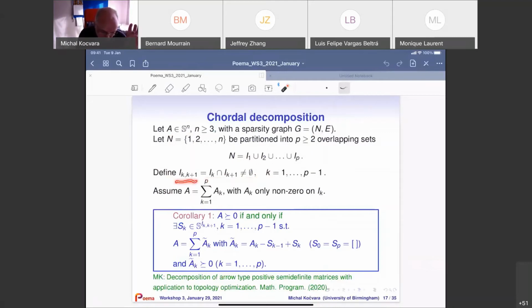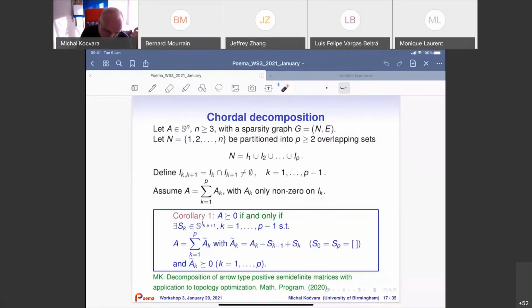Let's just say we partition it somehow into these sets, and we assume that these sets are overlapping, so we can define some I_K intersect I_(K+1). Those are the overlaps of two subsequent sets I_K. Now, we further assume that our sparse matrix is a sum of P matrices A_K, which are only non-zero on those index sets I_K.